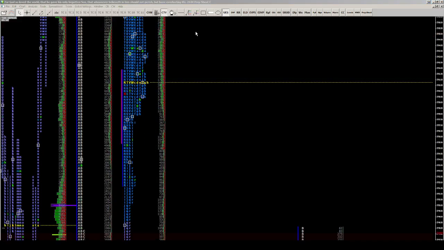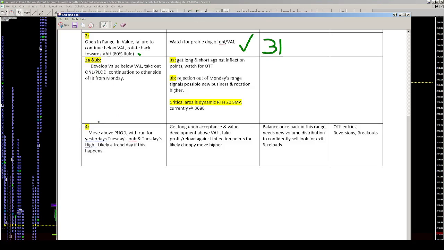Let's see here. Just to recap real quick, because that was kind of confusing. Move above prior high of day with a run for yesterday's high. Okay, now this is important because I don't know why I said prior high day. Tuesday's high. Okay, let me think this through.